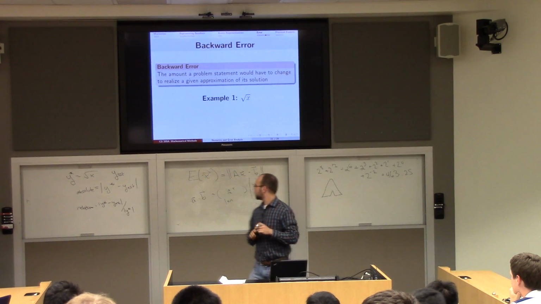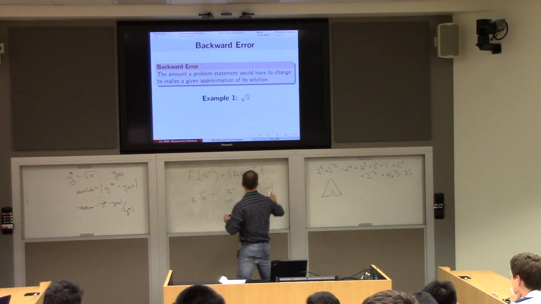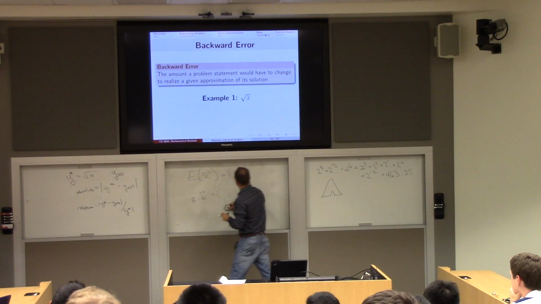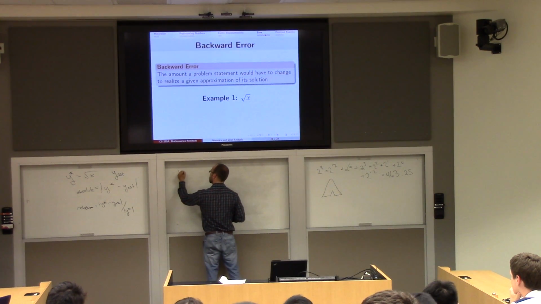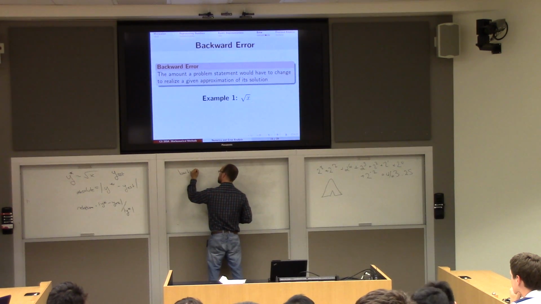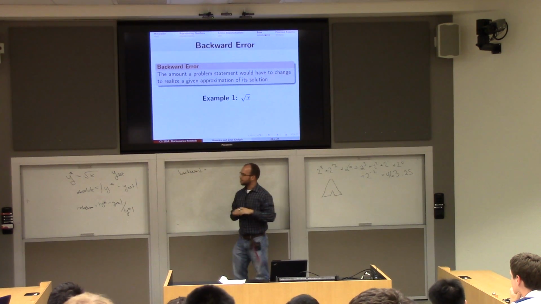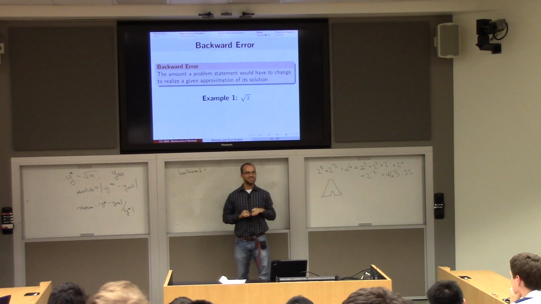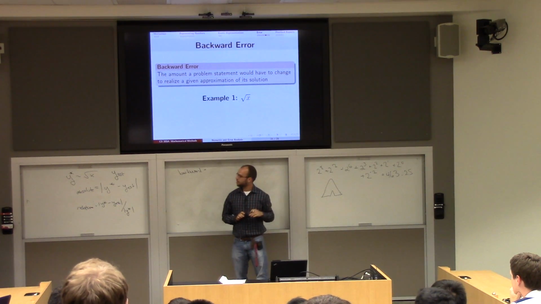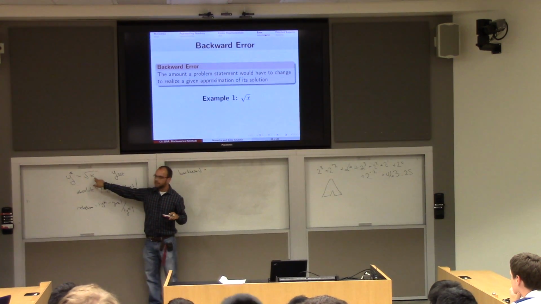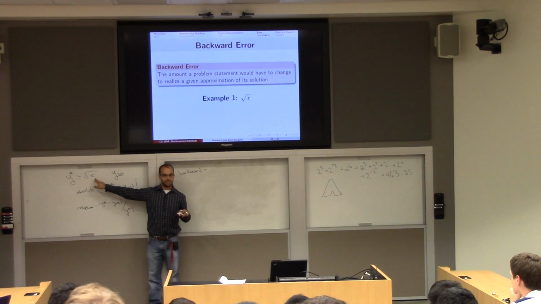Well, I can compute the backward error here. And what is that number? Well, the backward error is the amount that my problem statement would have to change in order to realize the answer that I got. What is the statement? The statement is that I wanted to find the square root of this number x.